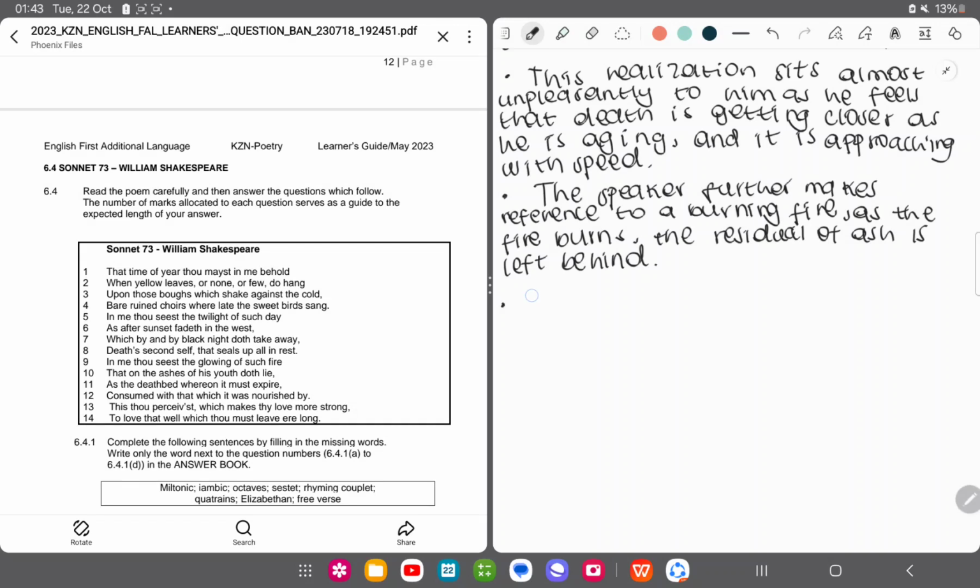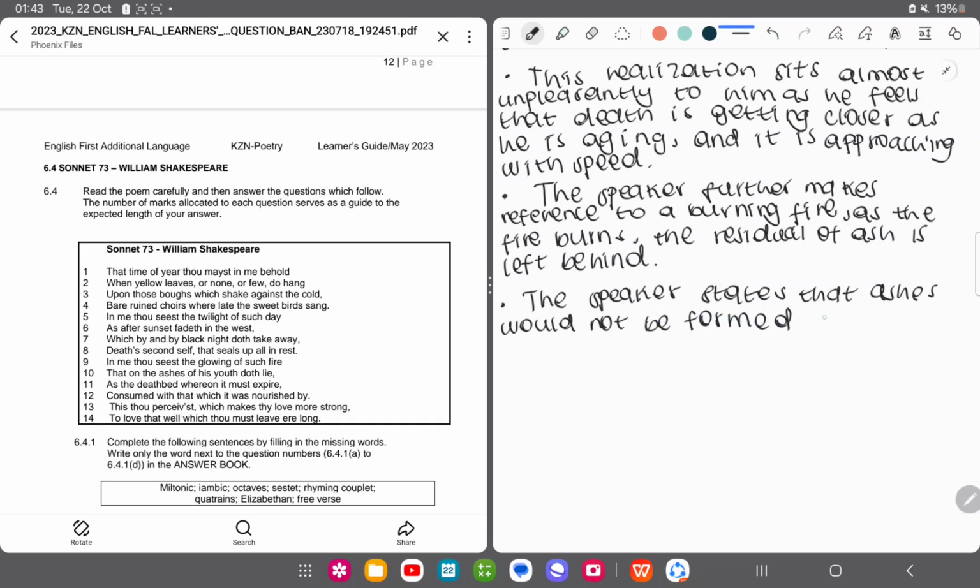So it states that the speaker states that ashes would not be formed if there was no fire, just as one would not age if there was no youth.